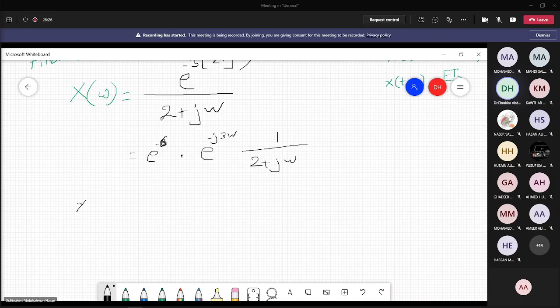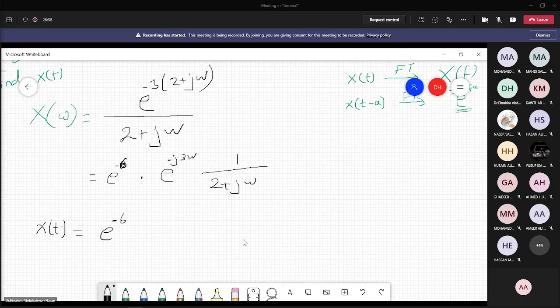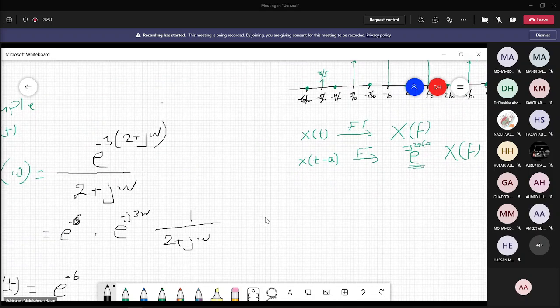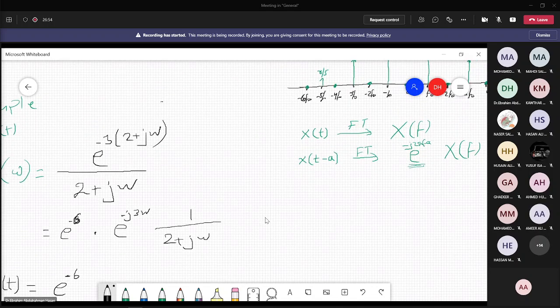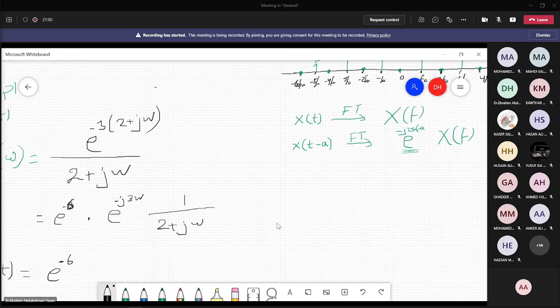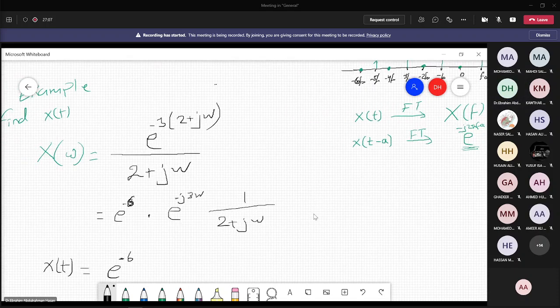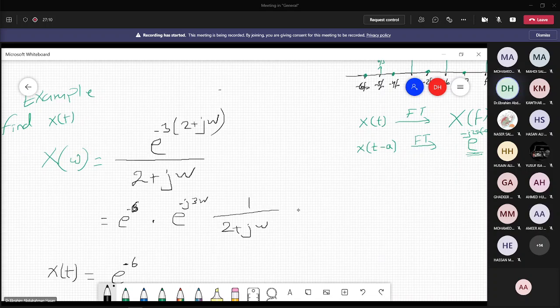So x of t then, this is a constant. Okay, this part I compare with the previous one.